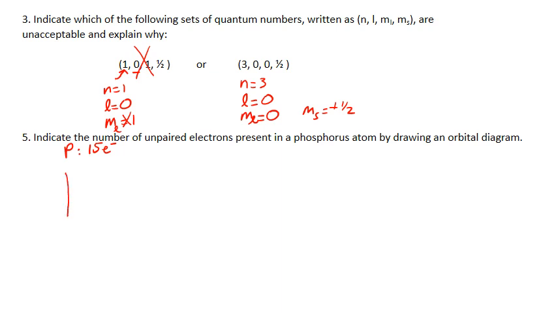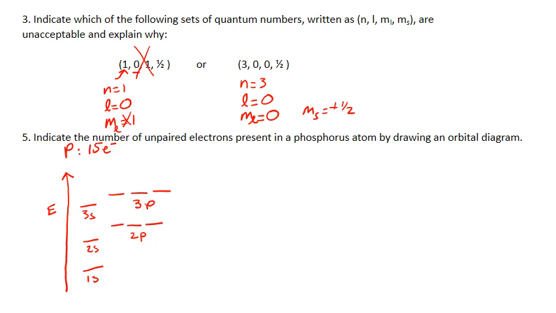So I'll draw my energy diagram, starting with the lowest energy orbital, 1s, then 2s, 2p's, 3s, 3p. And we'll stop right there.